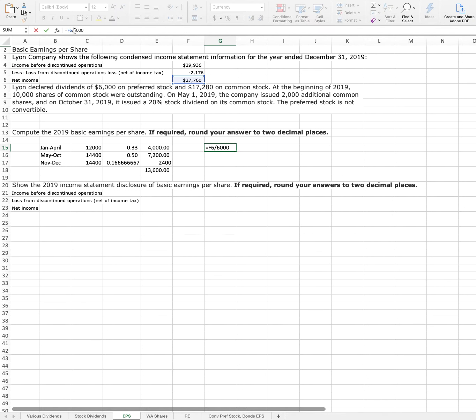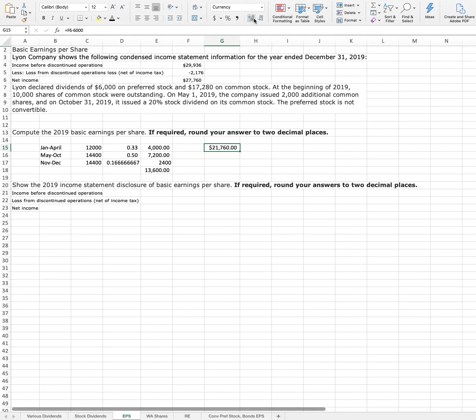Oops, I did a divided by. Minus, that looks better. Now for our actual earnings per share, we take that income and divide it by our weighted average outstanding shares, for $1.60.